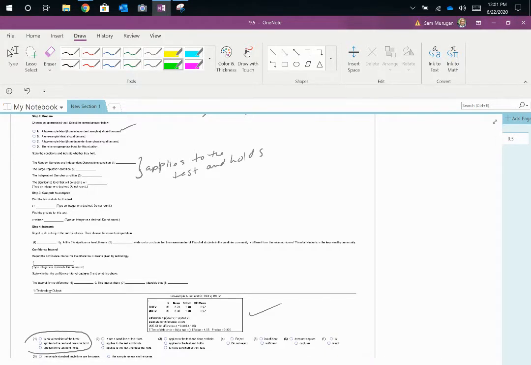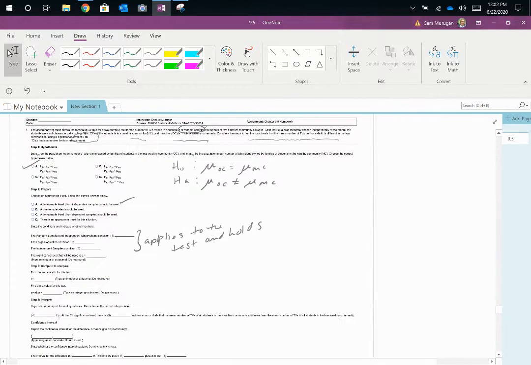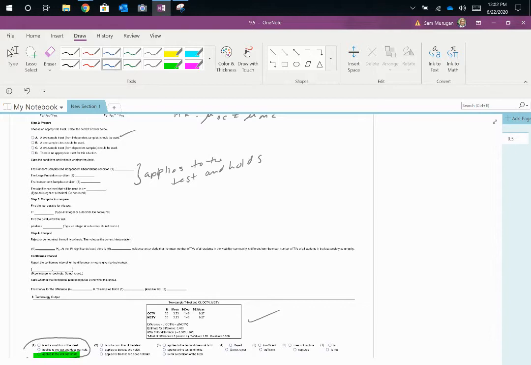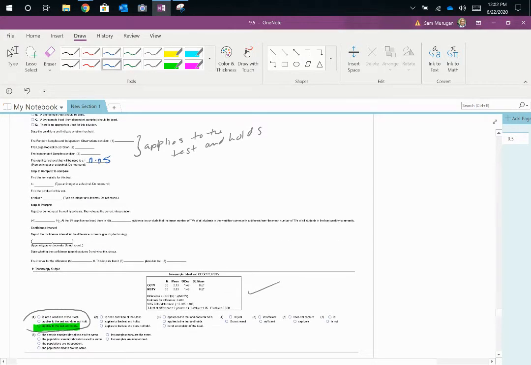So if you're selecting in the drop-down box, it will be this answer here. Next, the significance level is given in the problem that we're comparing to, 0.05. So you can put that number in there, 0.05.